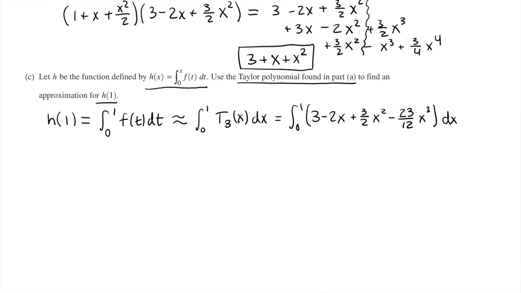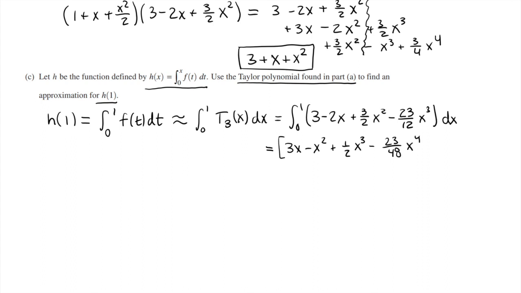All right, and now this is an integral that we can compute, right? So that's all they want us to do. We find the antiderivative, so we've got 3x minus x squared plus 1/2 x cubed minus, this is an x to the 4th, so we need to divide by 4. This is not a pretty number. 23 over 12 times 4 is 48, x to the 4th.